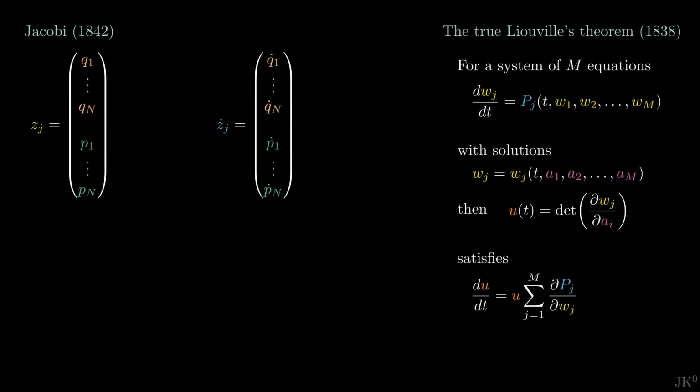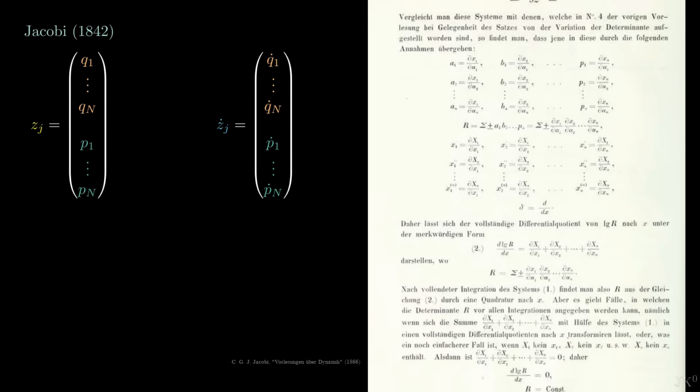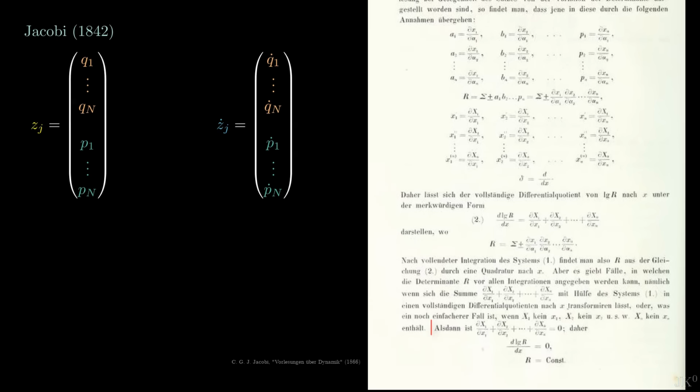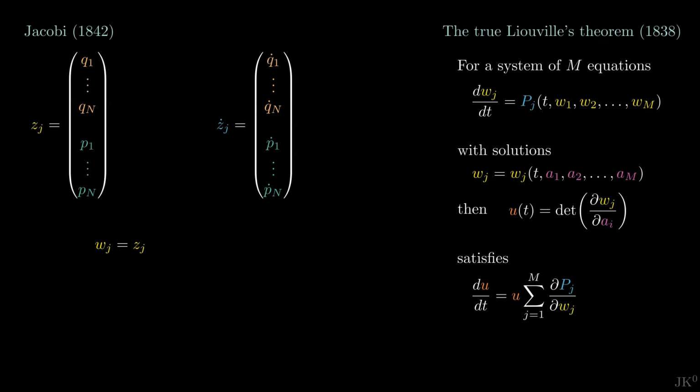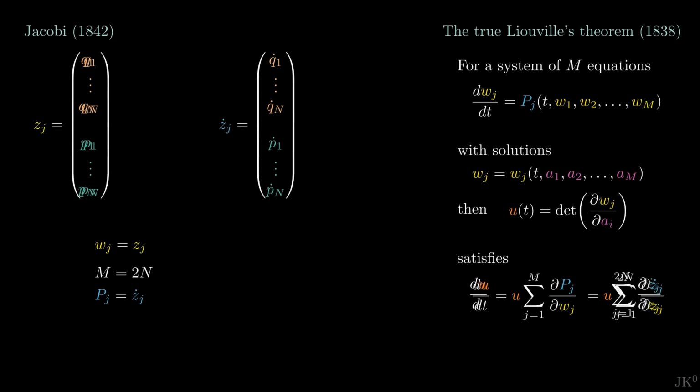Note that this vector is analogous to the w_j equations of Liouville. Jacobi rederived Liouville's result for a mechanical system by replacing w with the state vector z, setting m equal to 2n, and the functions p_j to z dot.